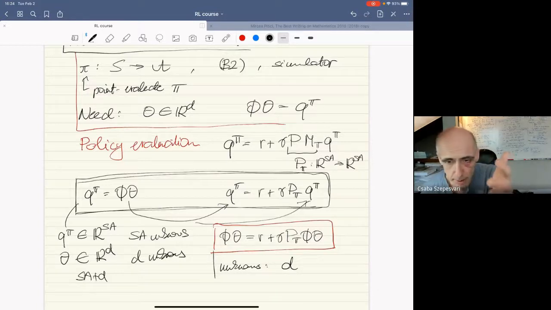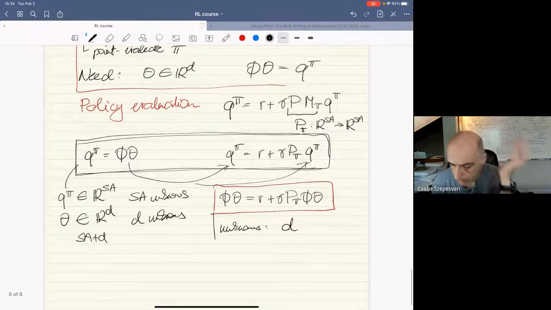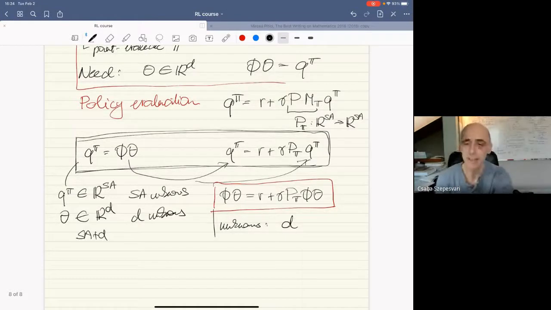If you want to solve a linear system that has so many unknowns, like SA plus D, you're kind of doomed if you want to list all those values. You can't do that in time independent of the number of states. But if after you plug in, you only have D unknowns, this is what compressed computation is about. Now we're talking, we only need to calculate D values.